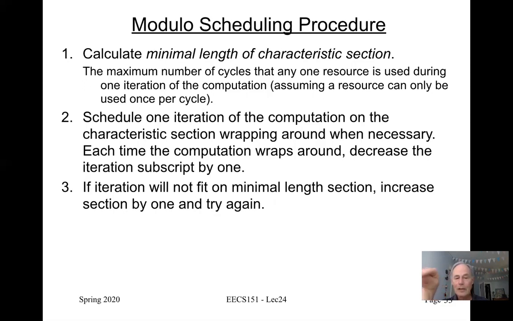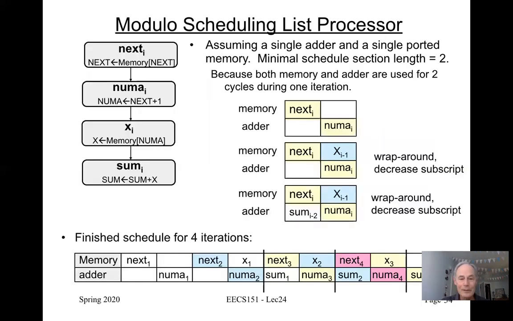Each time the computation wraps around, we decrease the iteration subscript by 1. If the iteration won't fit on the minimal length section, and it's not guaranteed to, then we can increase the section by 1 and try again. So this is kind of a greedy algorithm, and it's not guaranteed to yield the optimal result, but it almost always does in my experience.